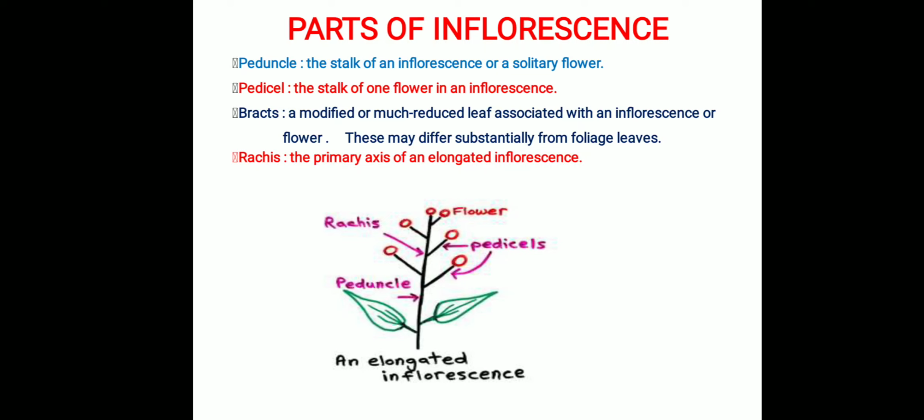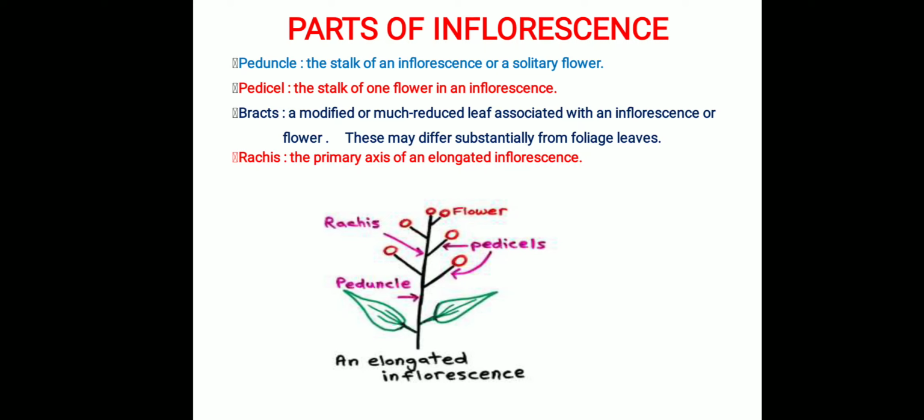It is also called rachis. Usually peduncle is elongated, but sometimes it is a flattened, fleshy, cup-like structure called receptacle. For example, sunflower.